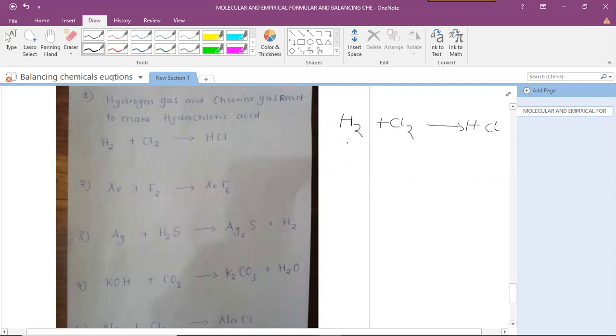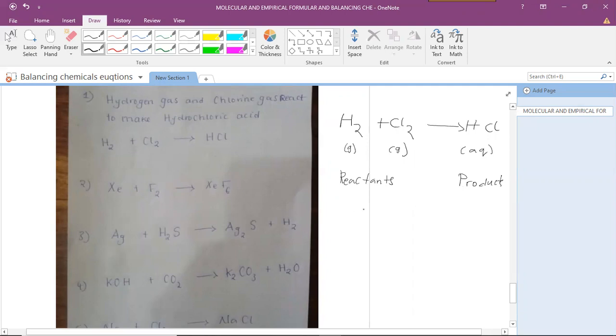So here, these are all gases, and hydrochloric acid is in an aqueous environment. So we are going to say reactants and products.